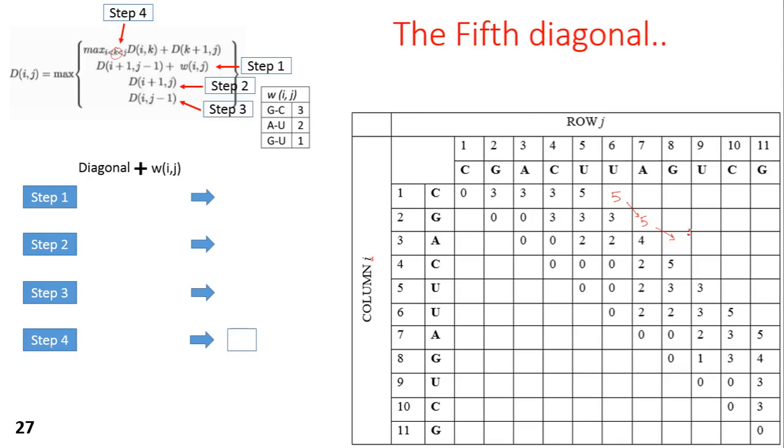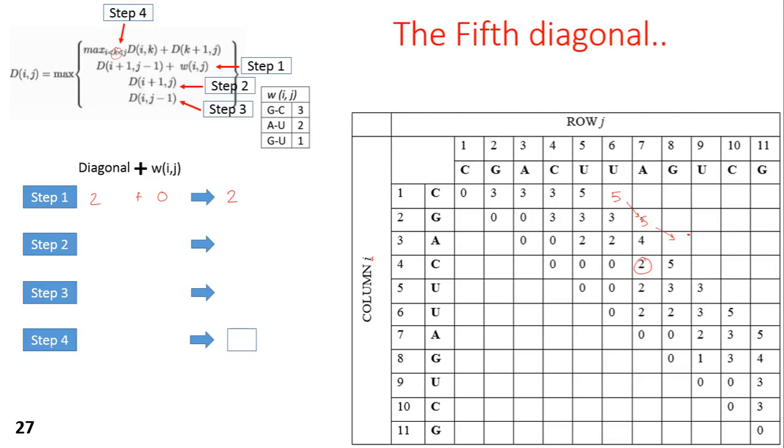Okay, so what do we need? We need the previous diagonal box 2, right? Can we add the weight value? This box corresponds to base pairing of G with A. G with A. Do you have anything for it? G only pairs with C and G only pairs with U. Therefore, the weight value would be 0. Therefore, 2 plus 0 would be 2.